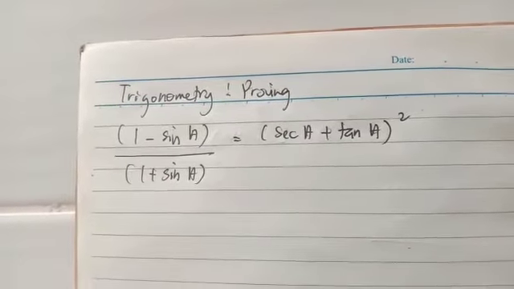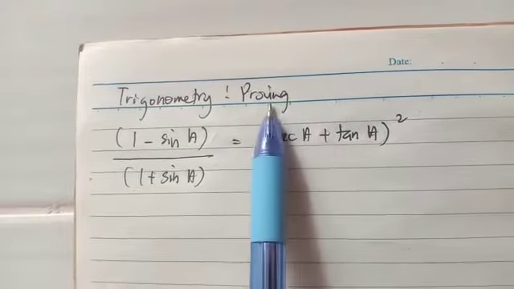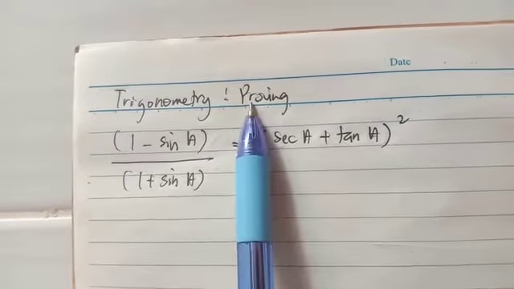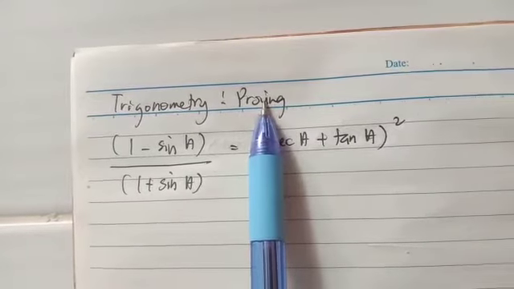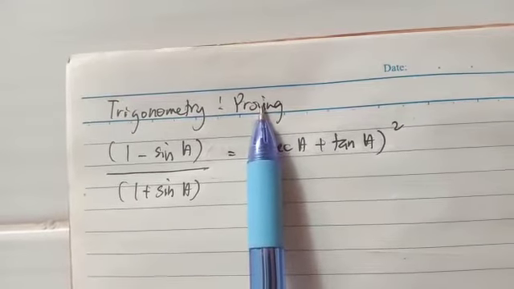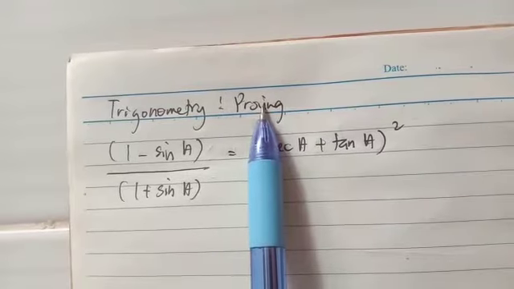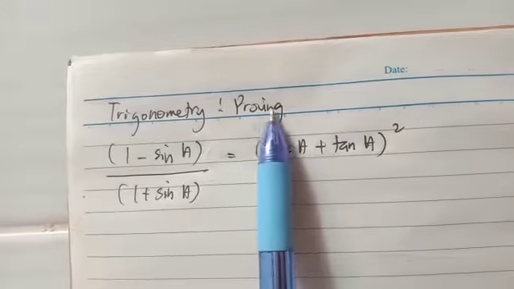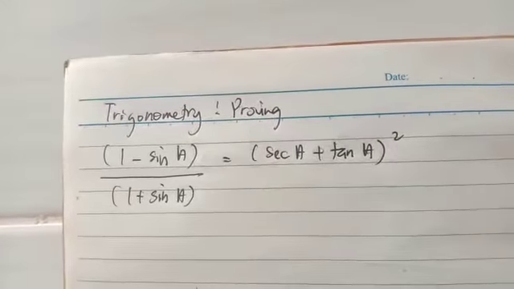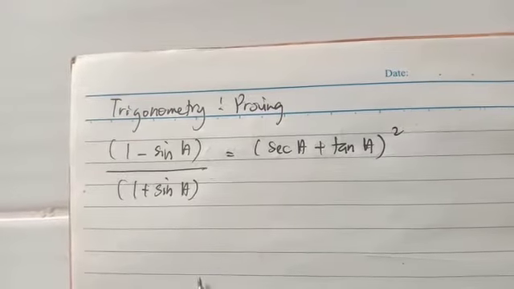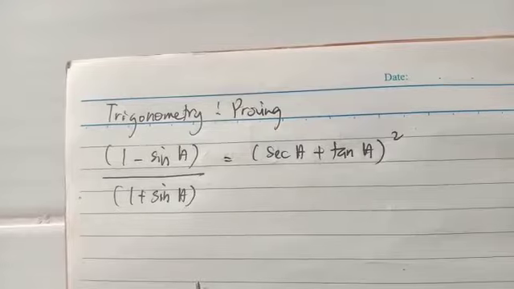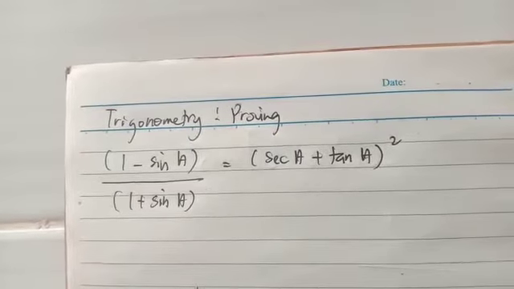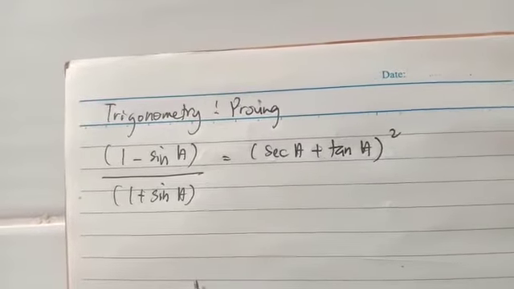In mathematics, proving is an area that is quite tough to solve, because you have to make sure you use the correct formula in order to solve this kind of question.